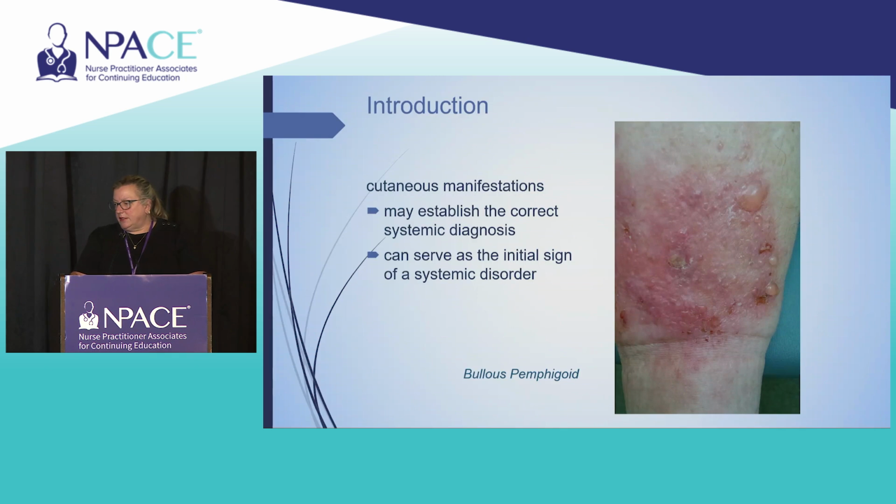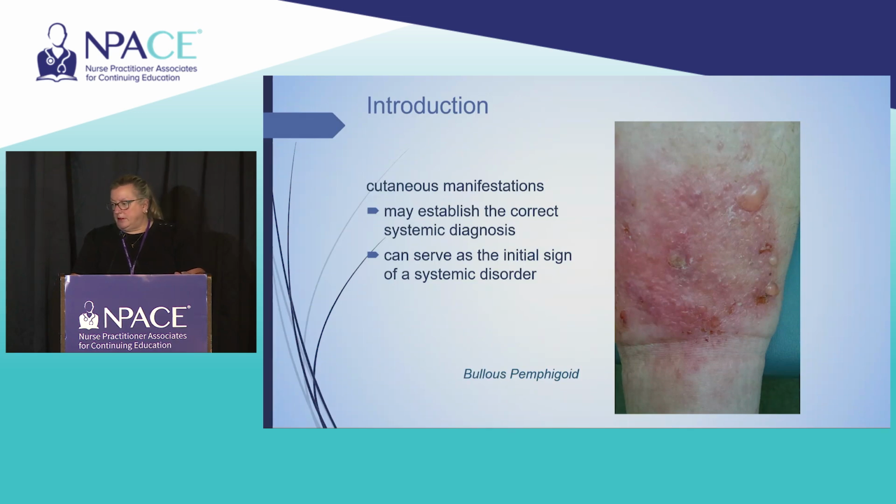Because of the frequency of skin involvement in systemic diseases, cutaneous manifestations often prove really helpful in confirming the diagnosis of a systemic disease. And cutaneous disease can actually serve as the initial manifestation of a systemic disorder.